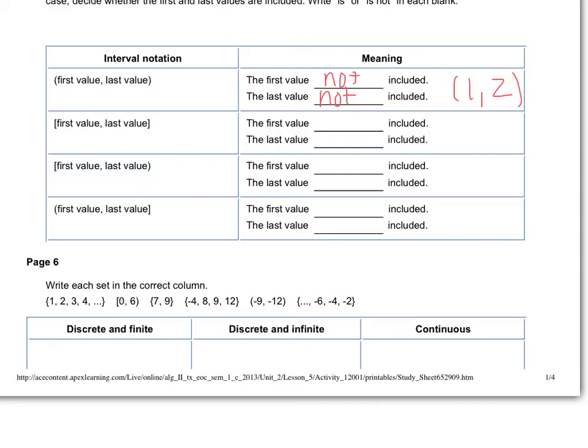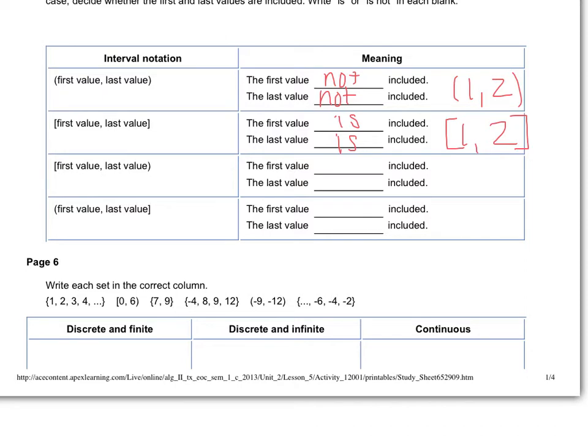If I use brackets, however, the first value and the last value are included. So brackets mean they are included and parentheses mean they're not. If I rewrote the set as 1 and 2 in brackets, that means every number between 1 and 2 and also 1 and 2. That's the only difference between them.